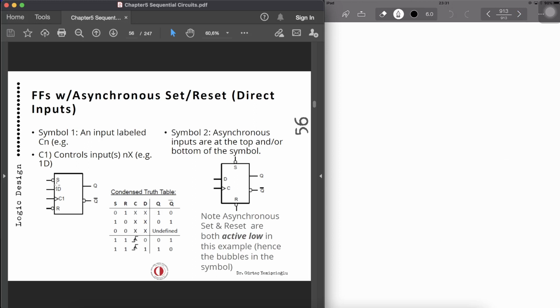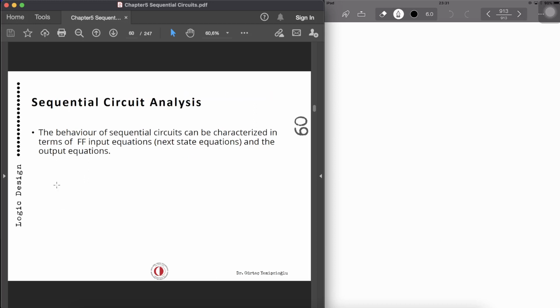These are all what we have done, so I'm just skipping them quickly. You can check it from the lecture notes. The behavior of sequential circuits can be characterized in terms of flip-flop input equations.